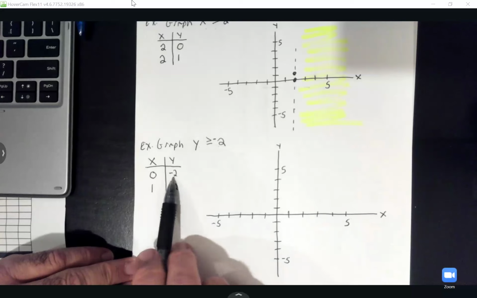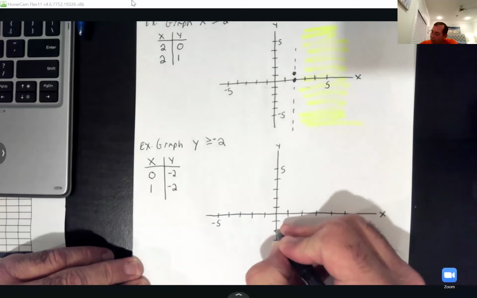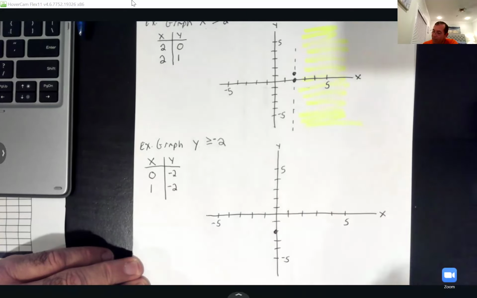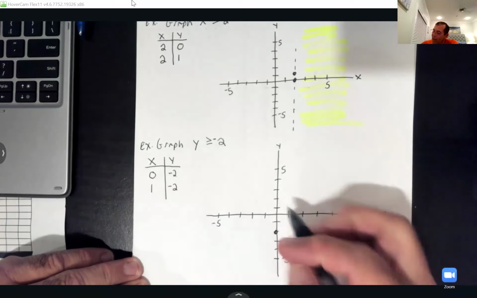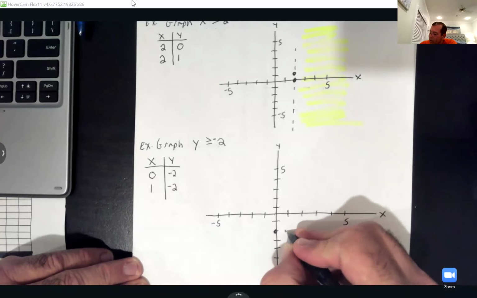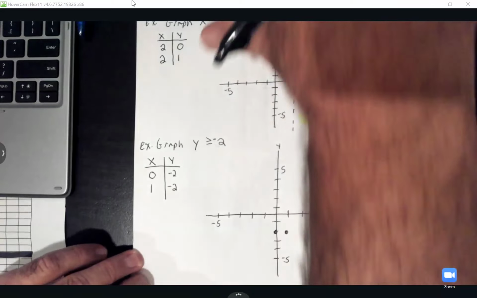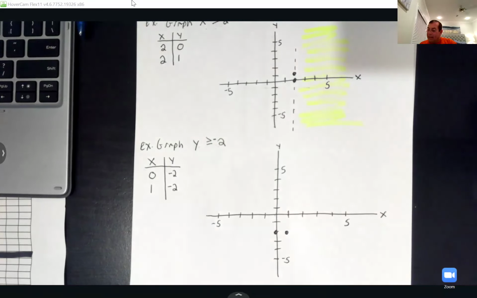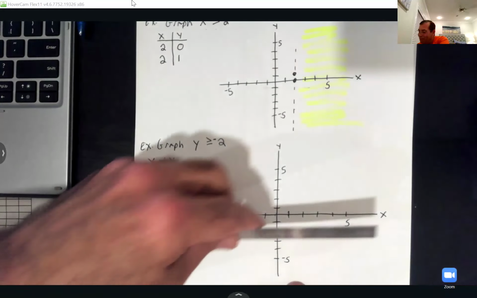All righty, so 0, negative 2, 0, go down to negative 2. 1, negative 2, go right and down 2. So there's my horizontal line again. It's got equals in it, so it's going to be solid.